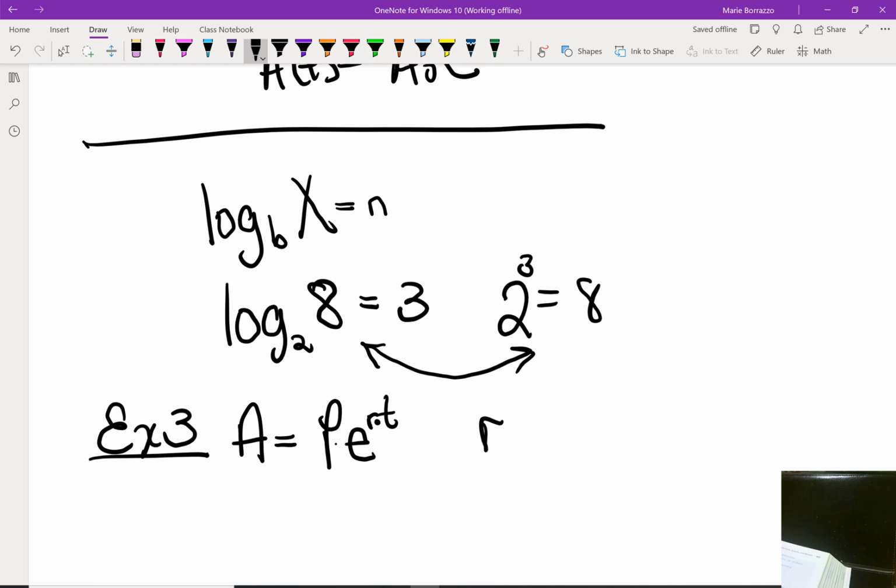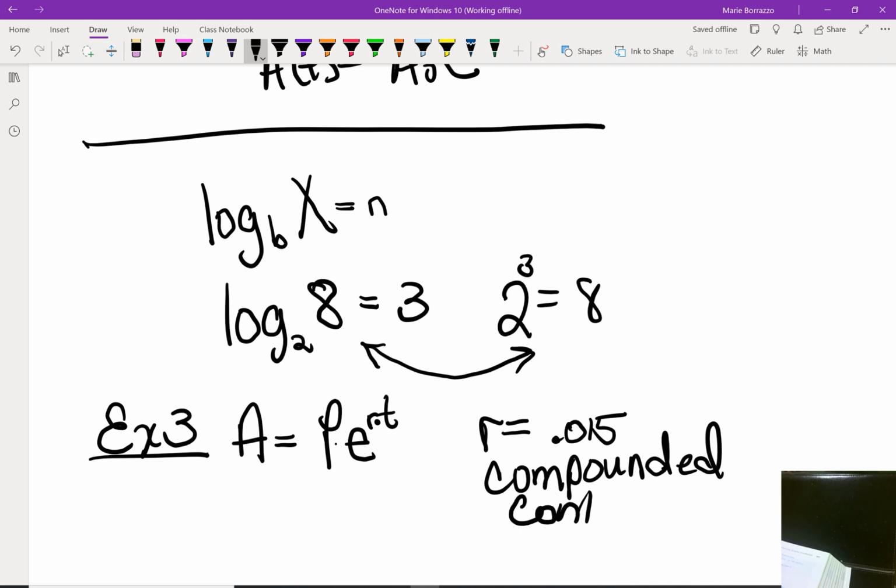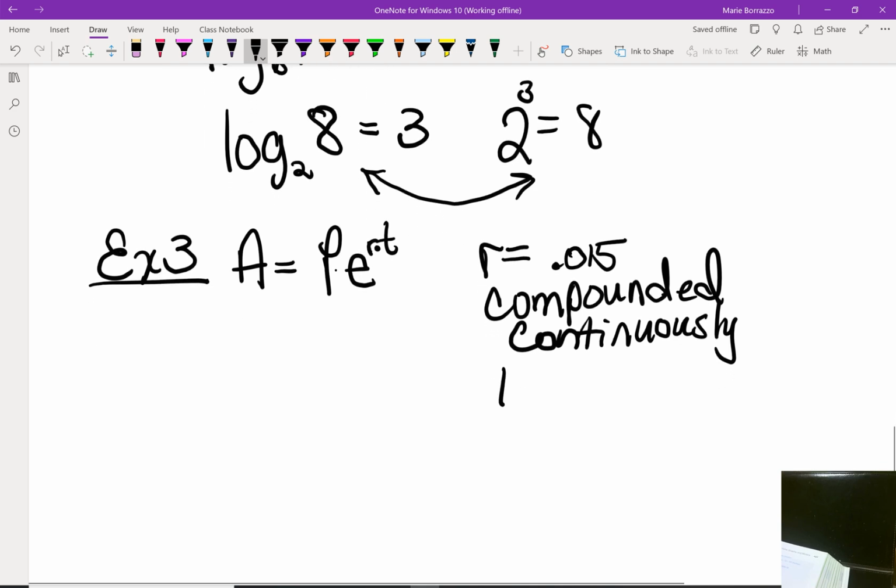They do give us the rate, which in decimal form is 0.015. It is compounded continuously, and they want to know how long it will take to double. So what time t will it take to double?